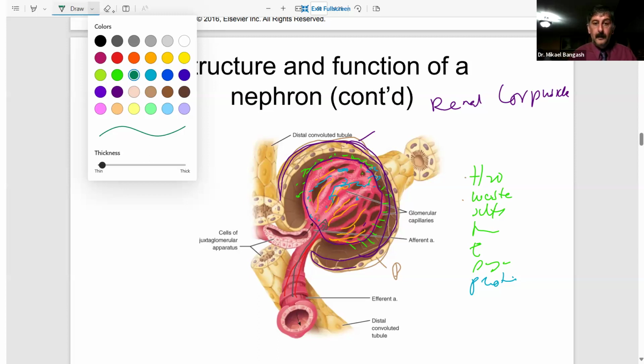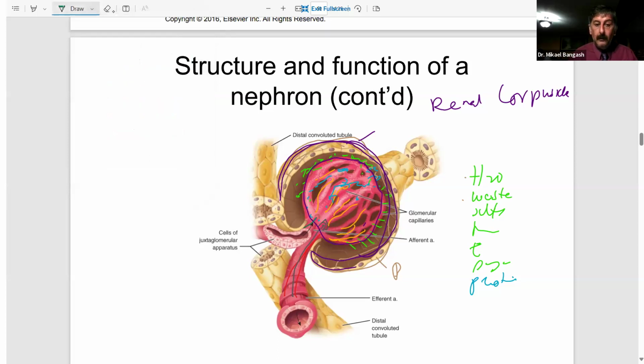Things like that, right? So what of the blood didn't become a part of the filtrate, which is now in the Bowman's capsule, is just going to leave the glomerulus via the efferent arteriole.